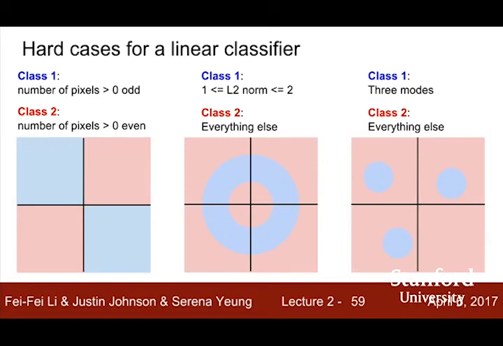So for something like horses, we saw on the previous example, this actually might be happening in practice, where there's maybe one island in the pixel space of horses looking to the left, and another island of horses looking to the right. And now there's no good way to draw a single linear boundary between these two isolated islands of data. So anytime you have multimodal data, like one class that can appear in different regions of space, is another place where linear classifiers might struggle.